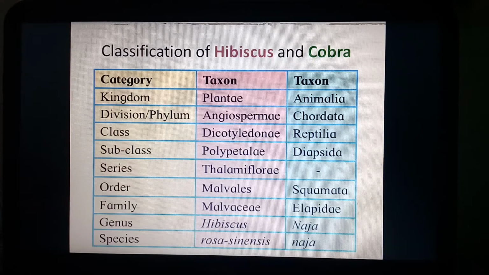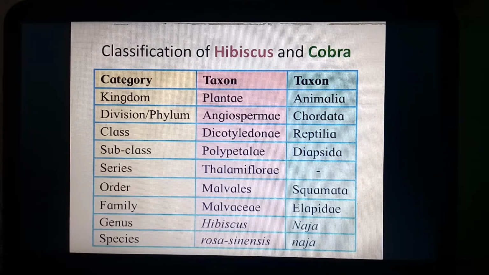That is the scientific name. So whenever you see the cobra, you can call that cobra as Naja naja.